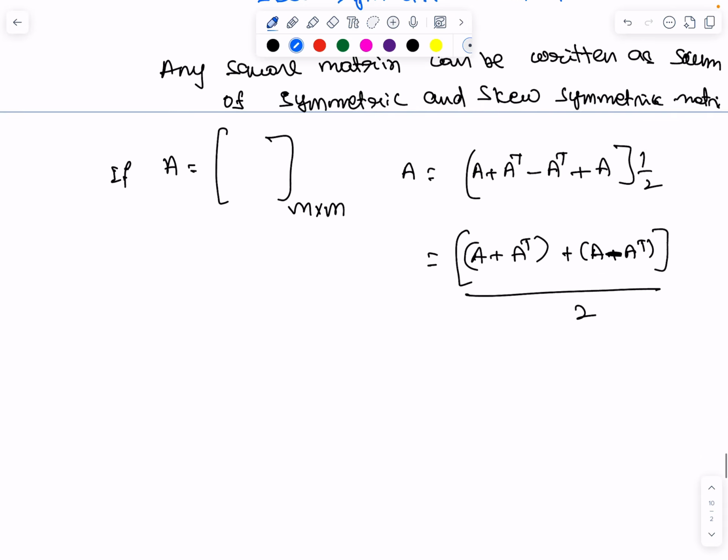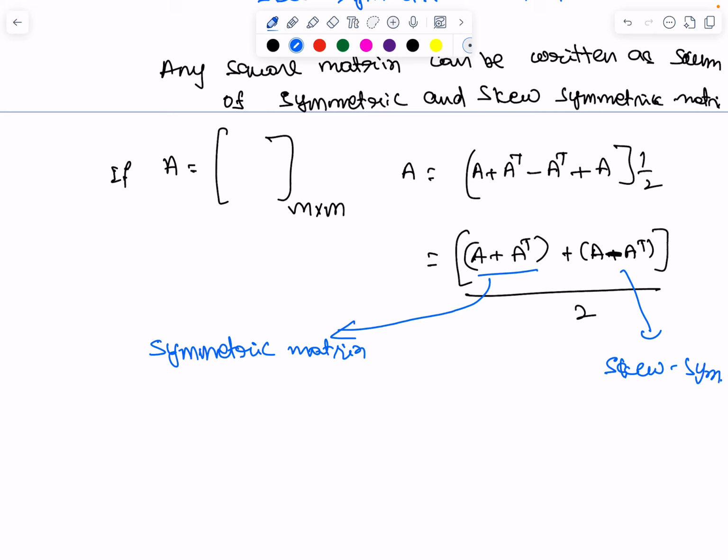So this part is contributing a symmetric matrix. This part is contributing a skew-symmetric matrix.